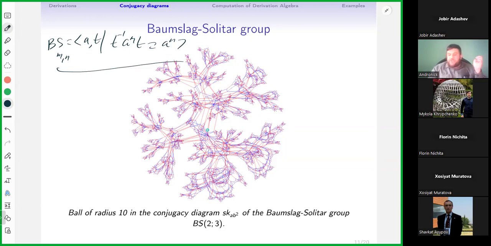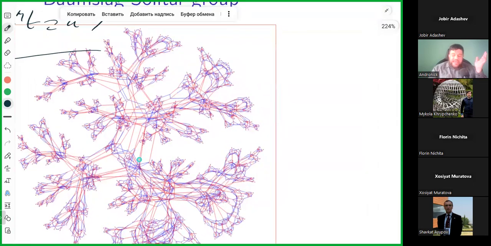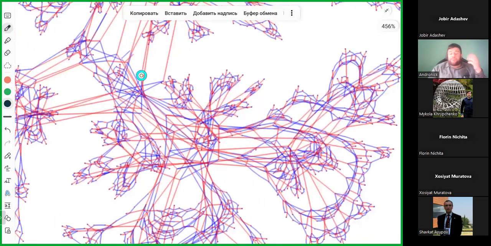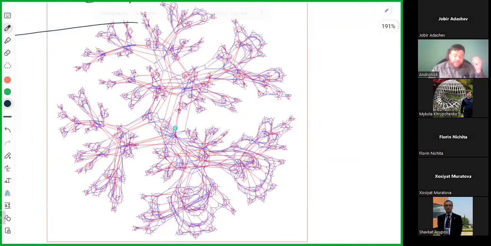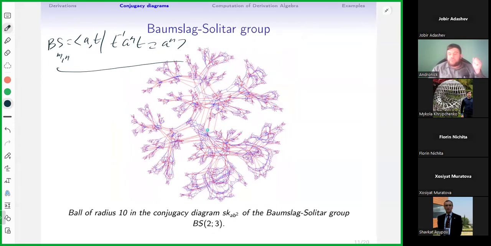This is an example showing that this conjugacy diagram is not vertex transitive. You can see here that it is not vertex transitive, and the reason I'm talking about it is that Cayley graphs are vertex transitive, and as you see from this picture, conjugacy diagrams are not.